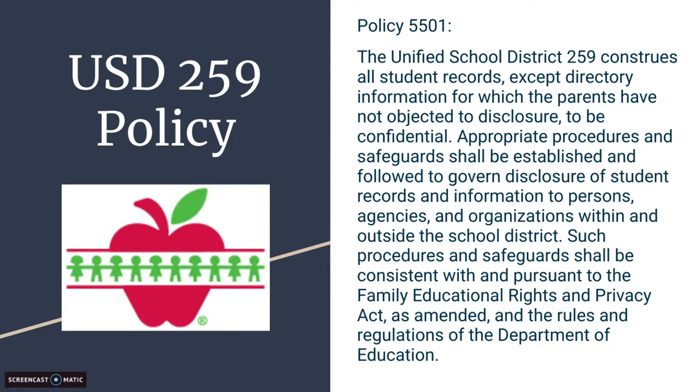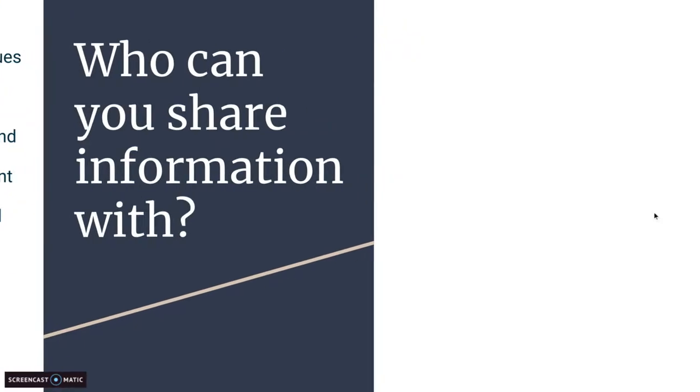All of that information is supposed to be confidential, and there are procedures, safeguards, all of those things in place to guarantee that student records are not going to be shared outside of our school district. And all of these procedures and safeguards in place by our district are consistent with FERPA, and the rules and regulations by the Department of Education are also followed by our district.